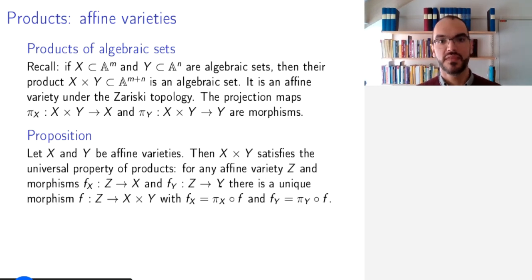Now we can state the proposition that X times Y satisfies the universal property of products, which is the following. In words, for any affine variety Z and morphisms from Z to X and Z to Y, there is a unique morphism from Z to X times Y composing with these morphisms.